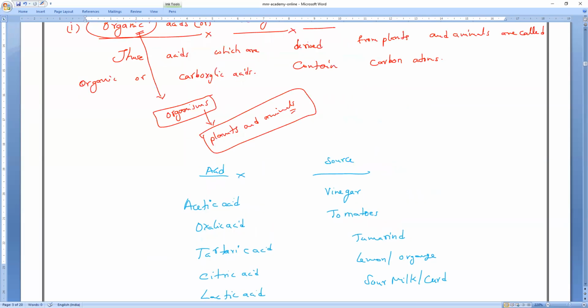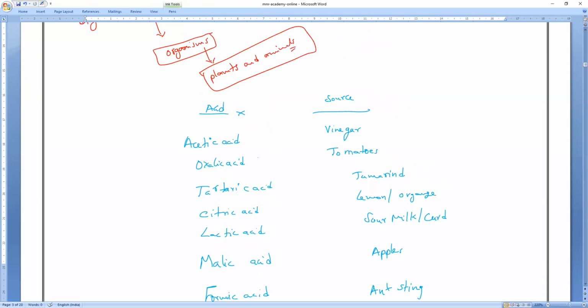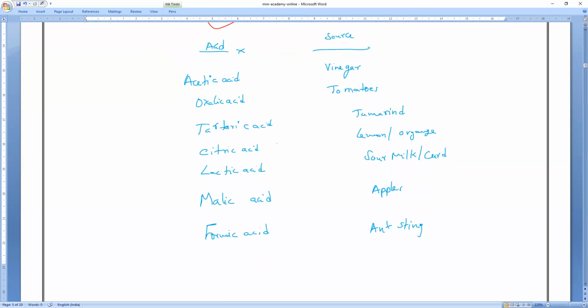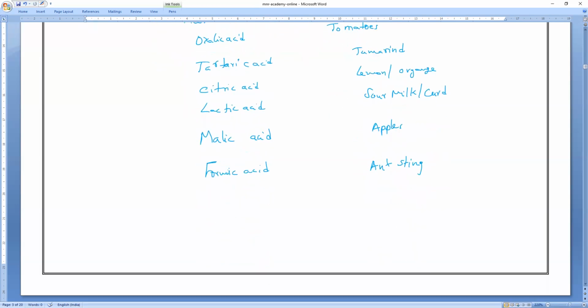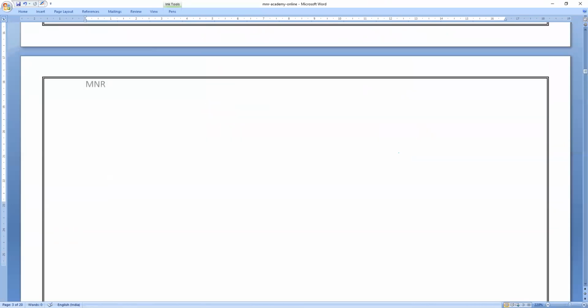These are examples of organic acids and their sources, and many other things will come as we study. Now, opposite to the organic acids, we all know there are acids which do not come from organisms. We synthesize them using minerals from the earth.